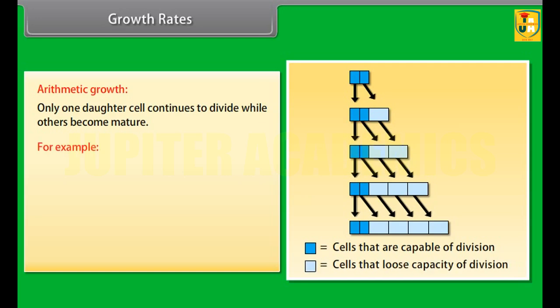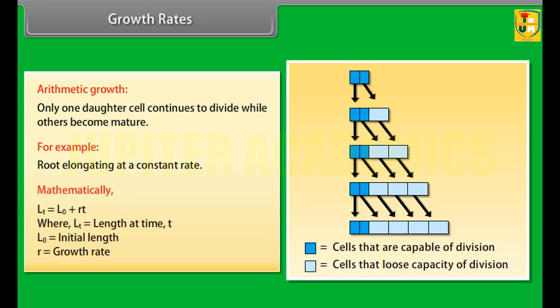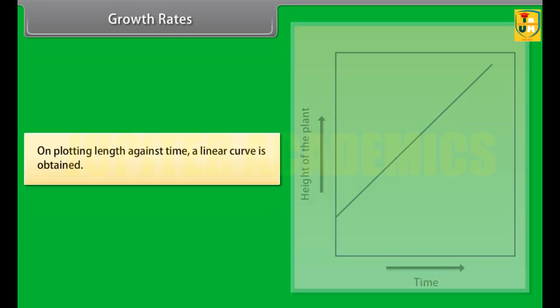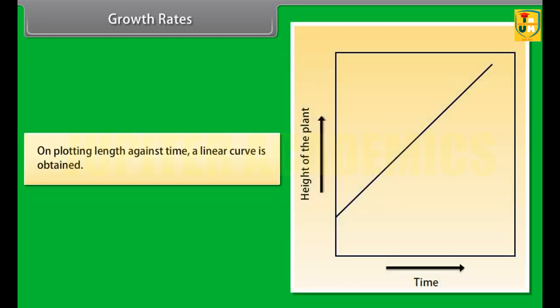For example, root elongating at a constant rate. Mathematically, Lt is equal to L0 plus rt, where Lt is equal to length at time t, L0 is equal to initial length, r is equal to growth rate. On plotting length against time, a linear curve is obtained.